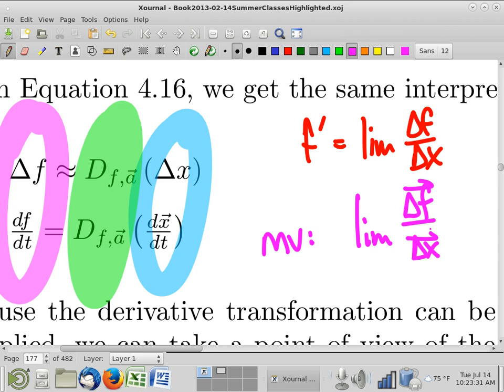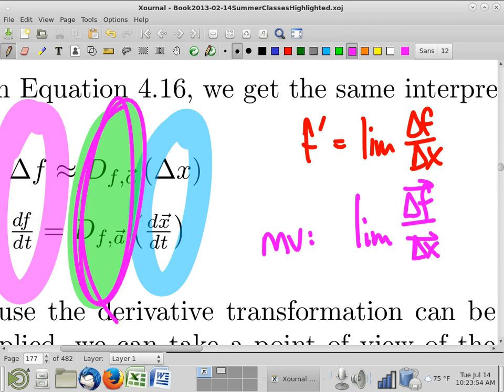But this was our sort of naive first thought at how I might take a derivative of a multivariable function. We just can't divide vectors. But you can, though, think of a derivative not as a fraction between two vectors, but as a factor relating two vectors. So the derivative transformation is how we realize that goal.